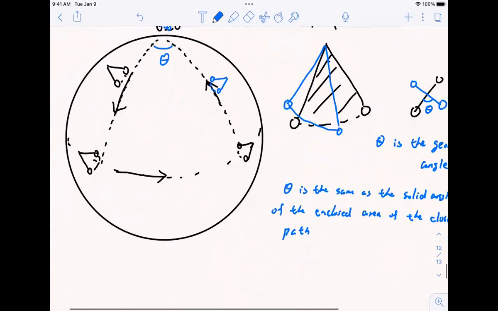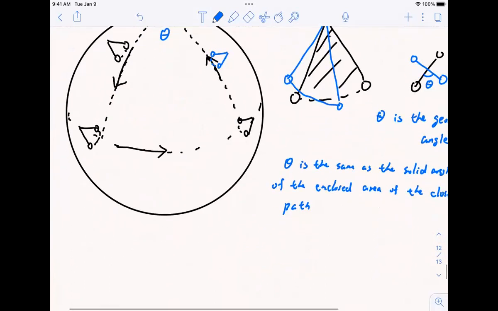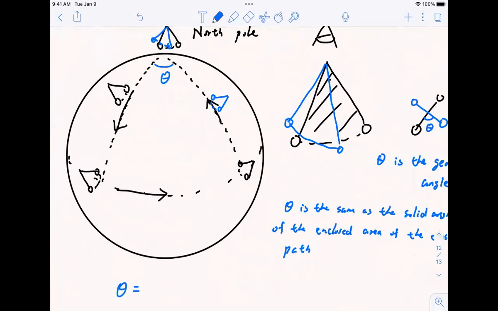So how do we know that? You just do the calculation. What is this area here?